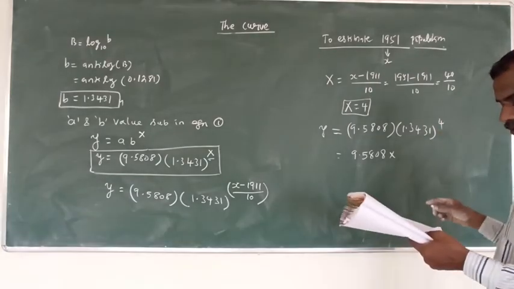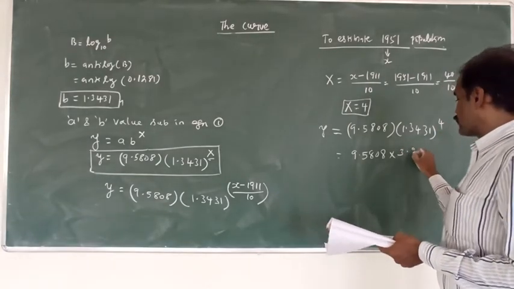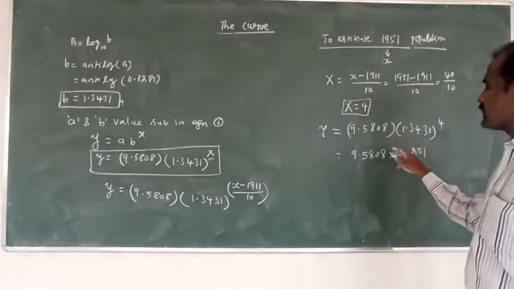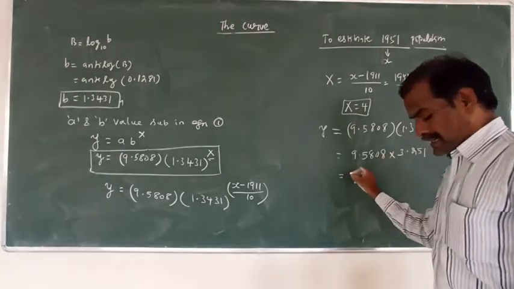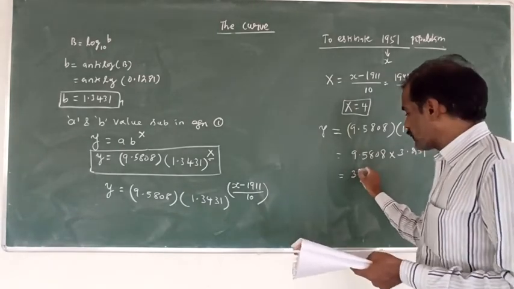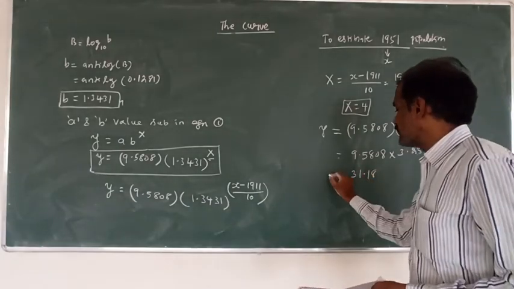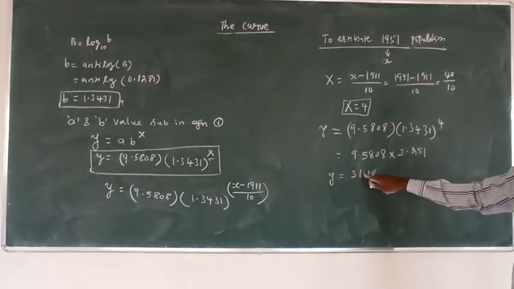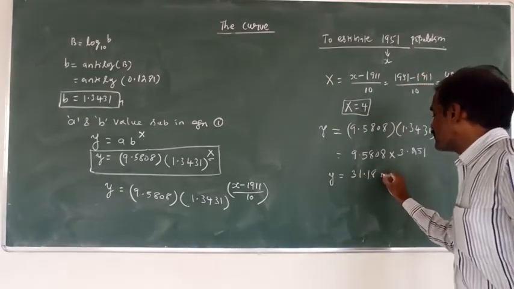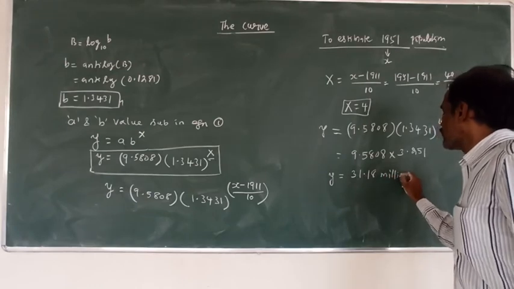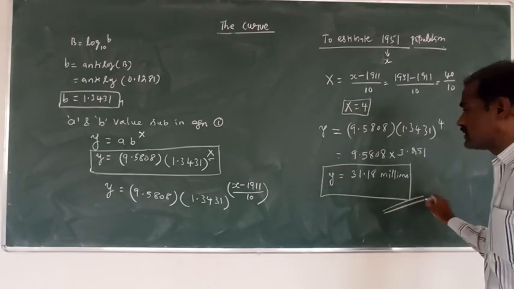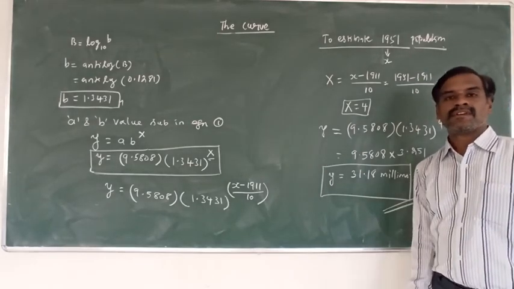Now the power of this one is 3.251 and then multiply these two, the result is 31.18. In the year 1951, the population is 31.18 millions. Okay, thank you.